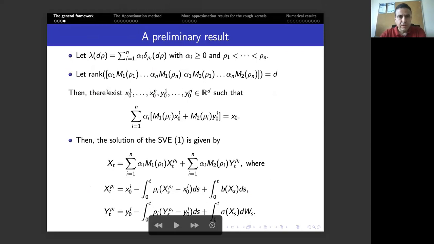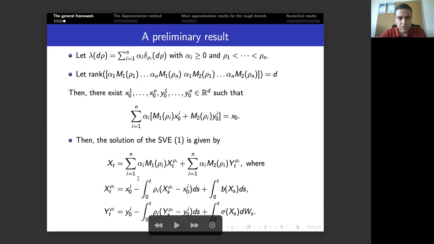Now, if I consider a specific measure, lambda, which is a discrete sum of some Dirac points up to some multiplicative coefficients alpha I, and if I have an order between the rho I, and if I suppose that the rank of the matrices alpha 1, m1, rho 1, etc. is equal to d, so that we are sure that x0 can be decomposed in terms of these matrices that depend on rho I, then the solution of the original stochastic Volterra equation 1 can be explicitly written as follows.